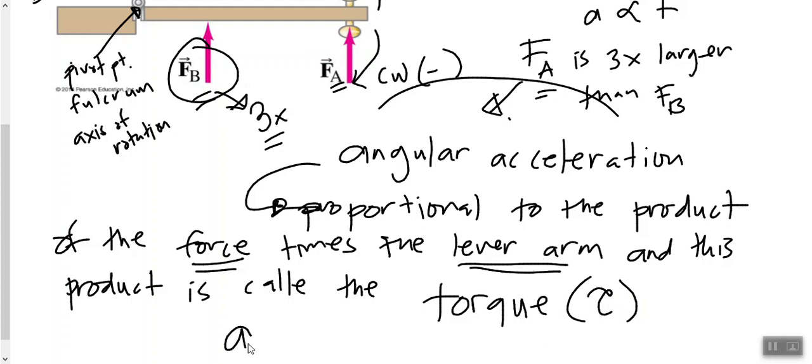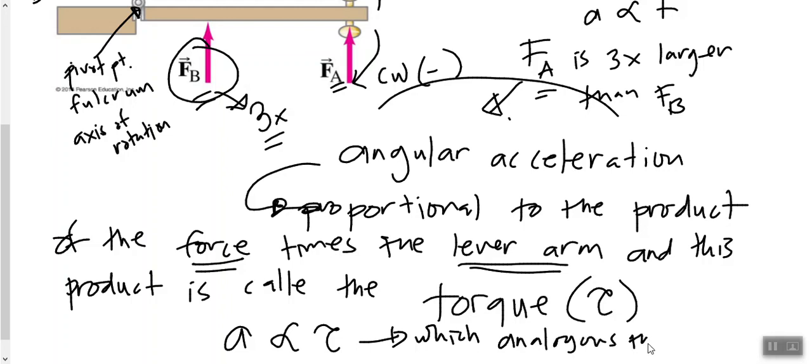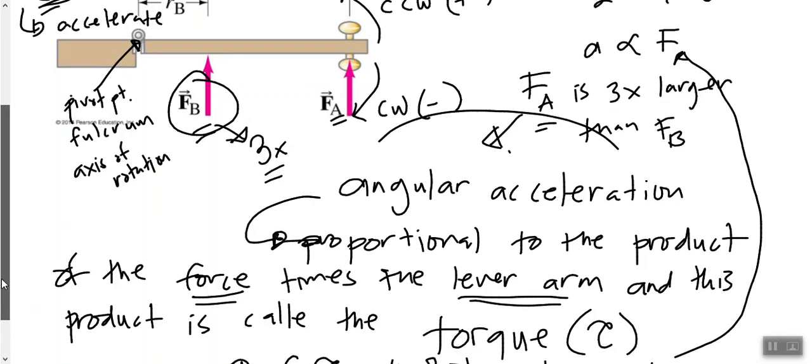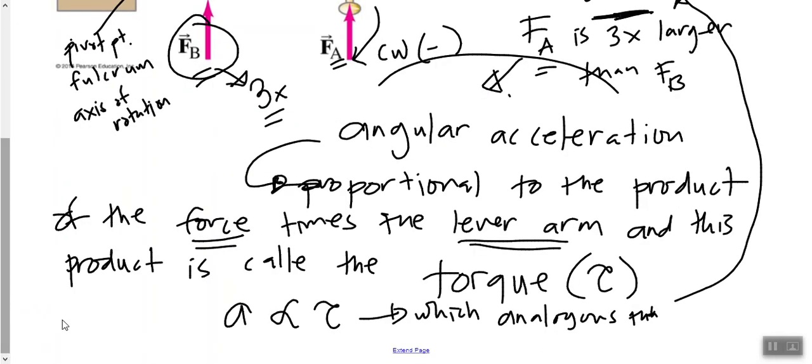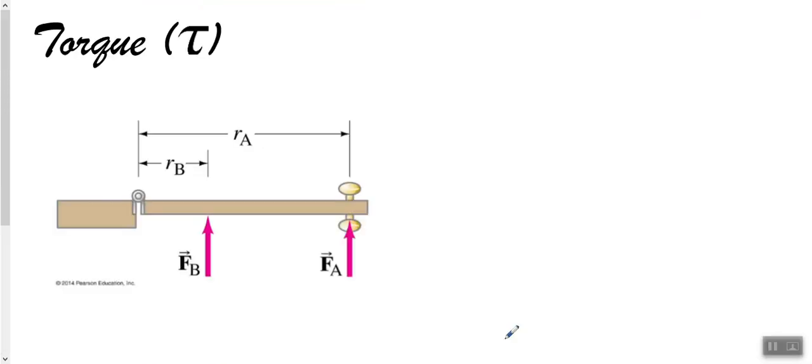Thus, we know that angular acceleration is directly proportional to the torque, which is analogous to the second law, which I showed a while ago. Directly proportional, but they are not the same. That's pretty important. Okay? So given that, we can now derive a mathematical equation for this new physical quantity called torque.